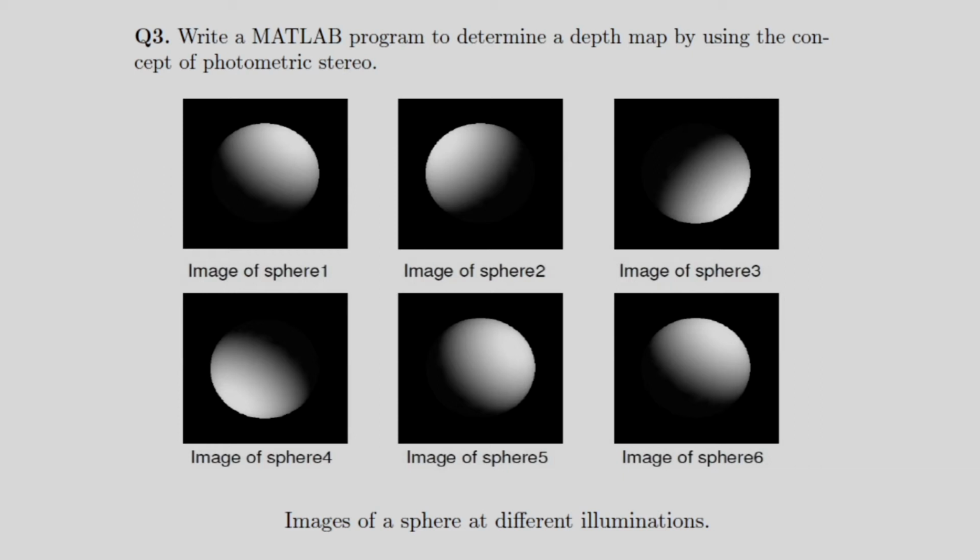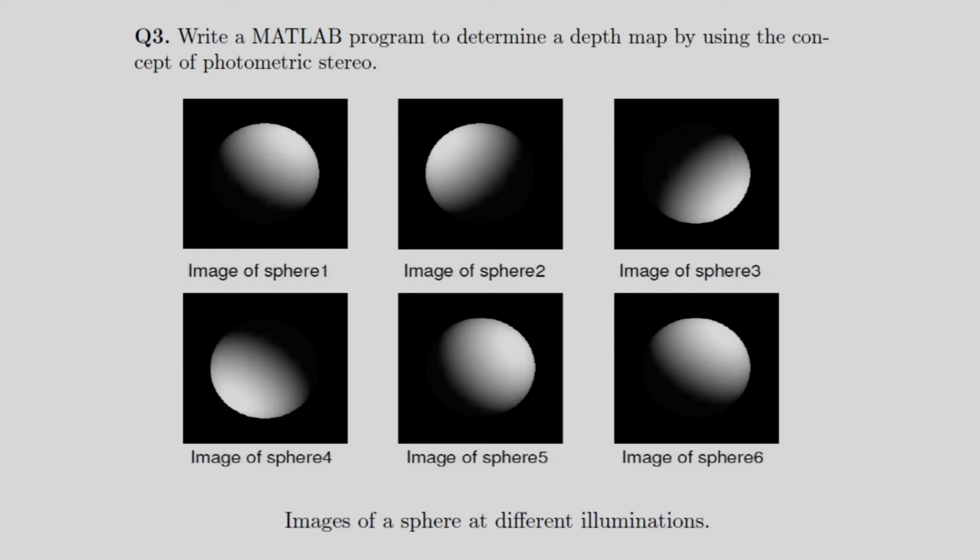So different illumination conditions or different lighting conditions I am considering, and you can see I am getting the image of sphere 1, sphere 2 like this, because I am considering different lighting conditions. That means I am getting the shading conditions. So from all these images I have to get the depth information. That is the concept of photometric stereo.